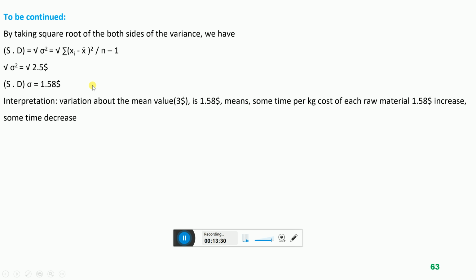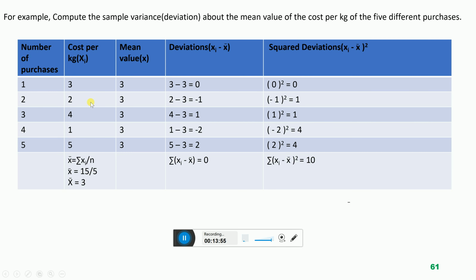So what does this mean? This means that the cost per kg of every raw material is varying, increasing or decreasing by $1.5 about the mean value. The average cost per kg of every raw material was $3. We computed this, you can judge the mean value.